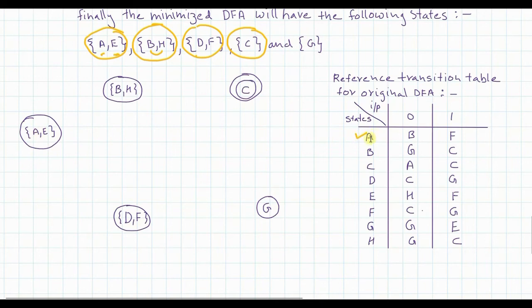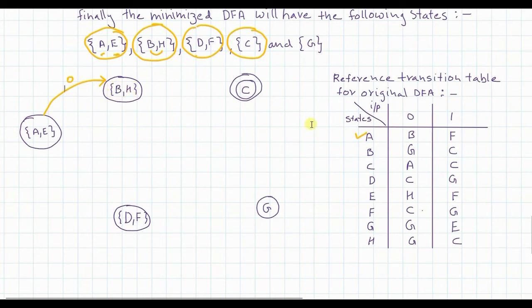Now A on 0 goes to B, and A is present in this subset, so A on 0 will go to a state where B is one of the elements in that subset.